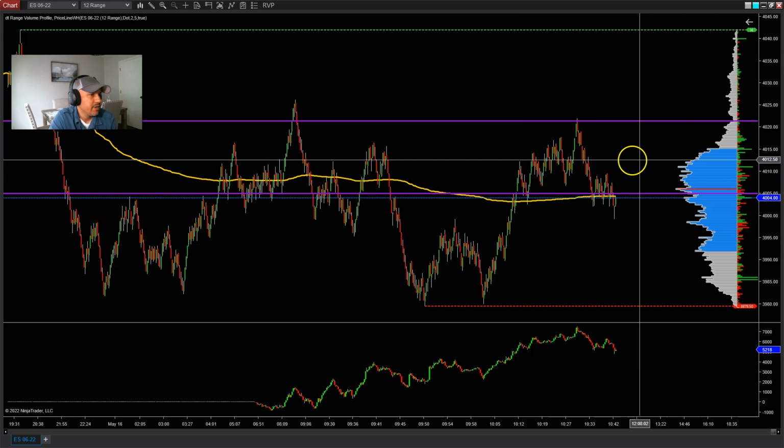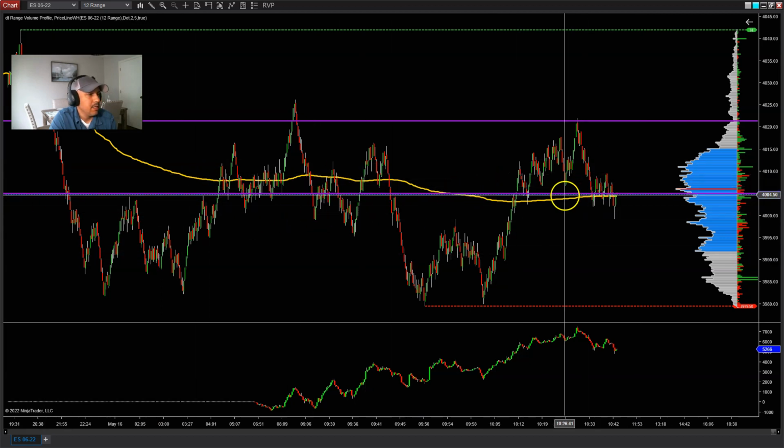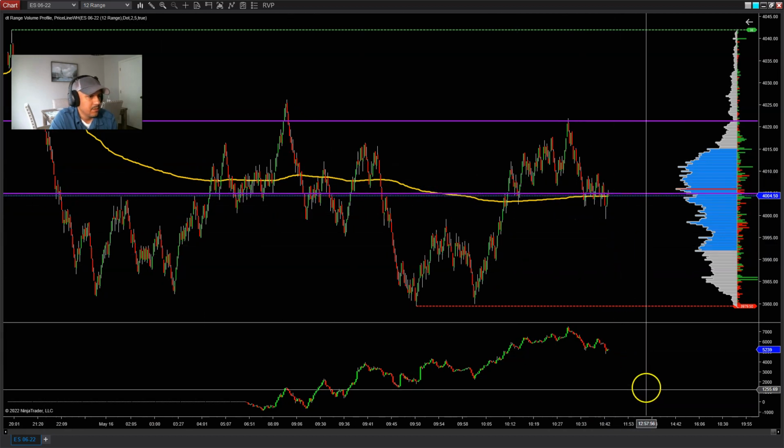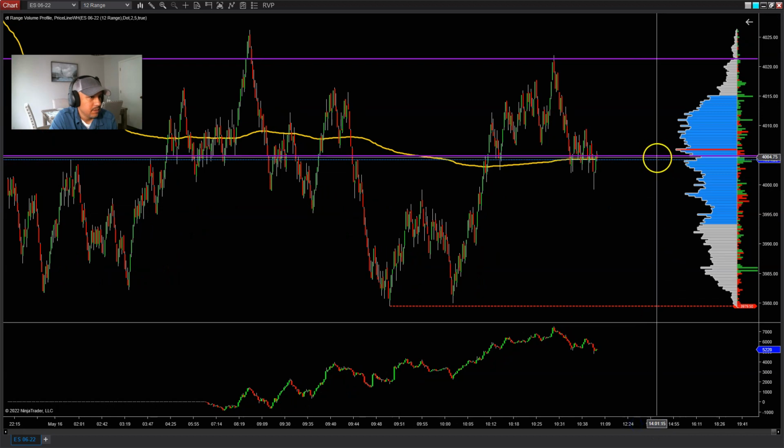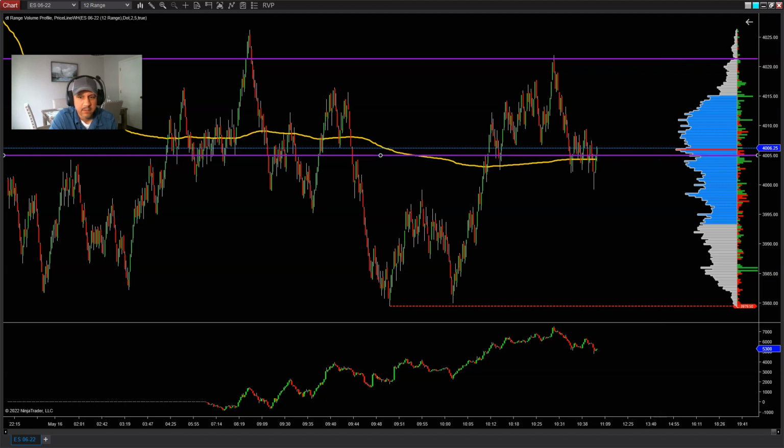And it's chopping right here. You just see this chop, chop, chop, chop in a range. Yeah, I'm not sure what the market's trying to do here.